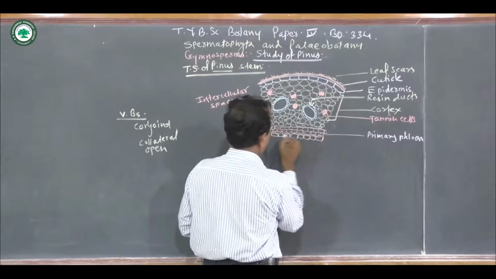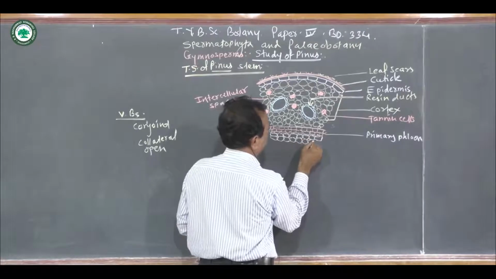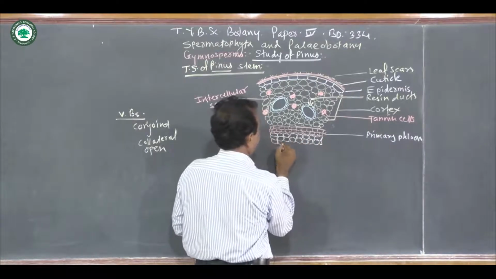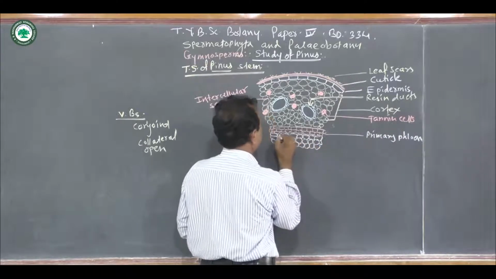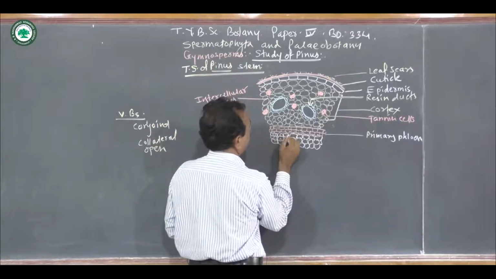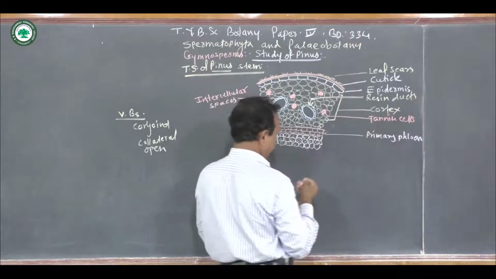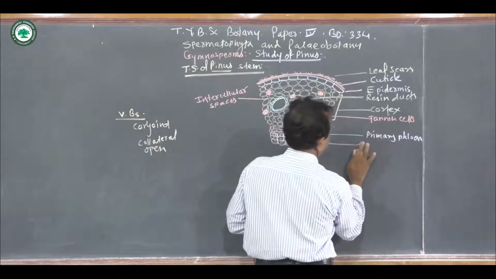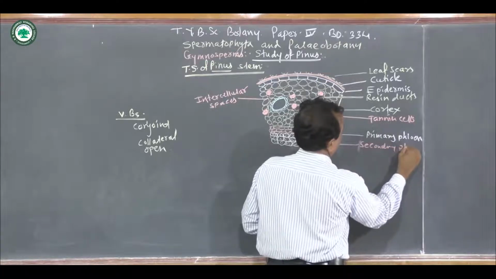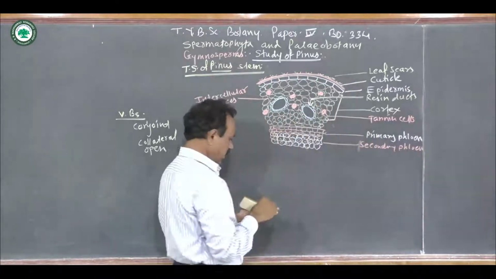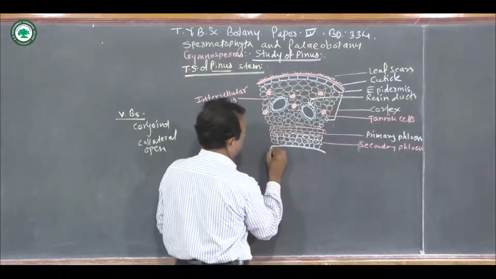Due to the formation of secondary growth towards the outer side of the cambium, the secondary xylem and secondary phloem are formed, and due to this the primary phloem gets pushed towards the periphery, and here there is the presence of the cambium.